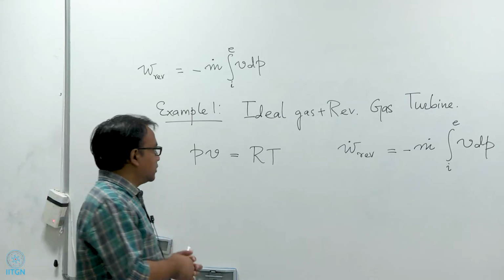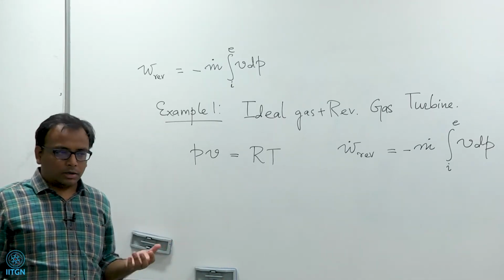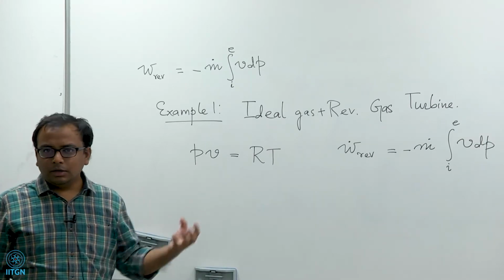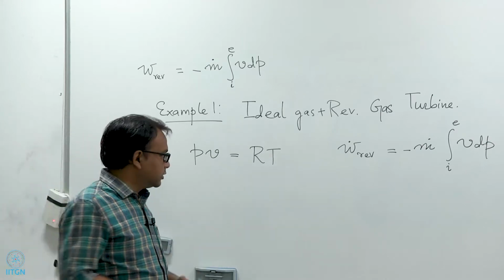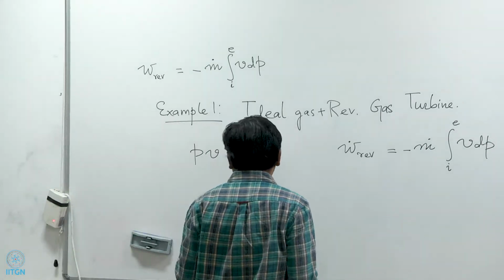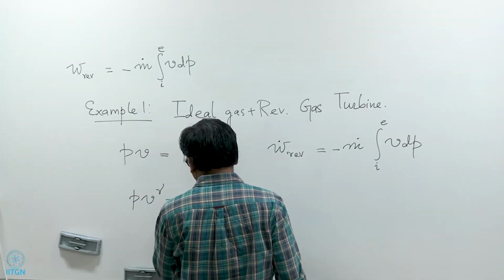So, entropy remains constant, and we have seen in one of the previous videos how the pressure and volume are related when an ideal gas goes through an isentropic process. We know that PV to the power gamma is equal to constant.